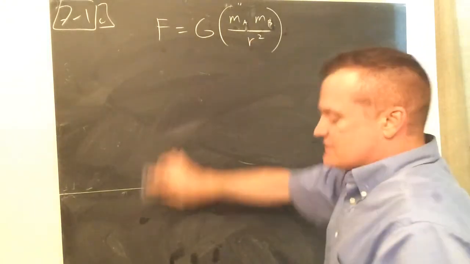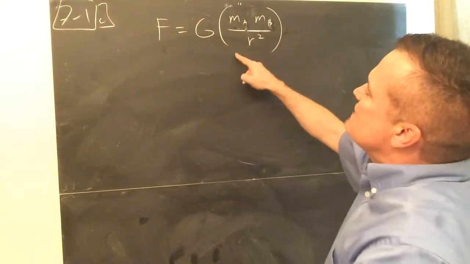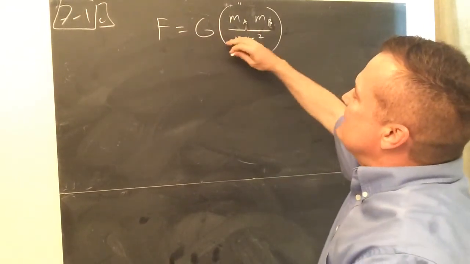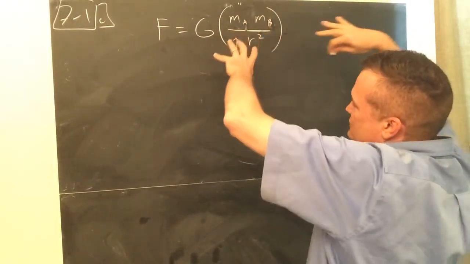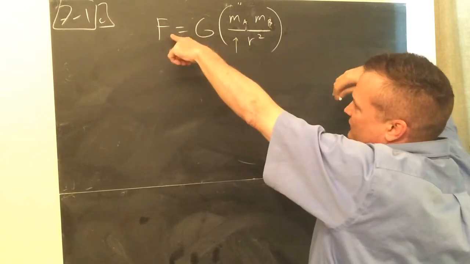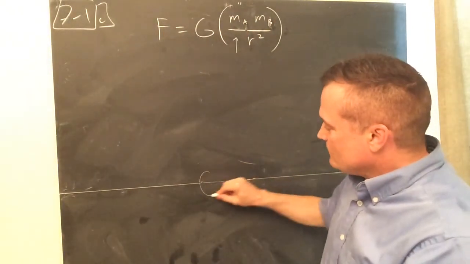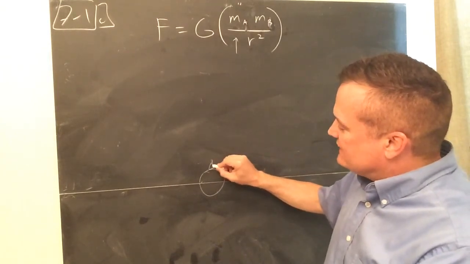Now, here's an interesting thing. Notice the bigger the radius gets, if this number gets really, really large, what's going to happen to your overall force? This number divided by a larger, larger number is going to get smaller. Your force gets smaller and smaller. And that makes sense because your weight is one thing if you're standing here on Earth.